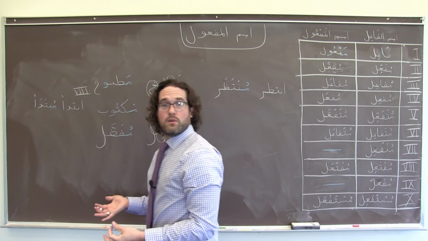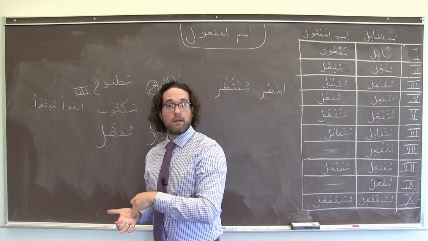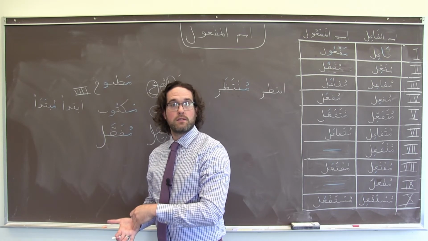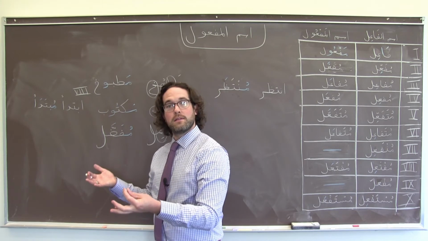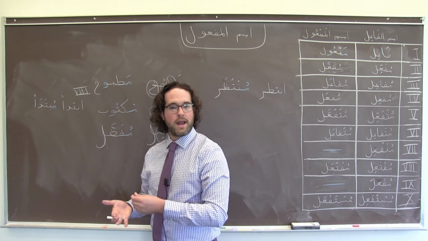Mubtada. And more specifically, the beginning of a nominal sentence, a jumla ismiya in Arabic, is called al-mubtada, because that's where the sentence begins, with that noun.